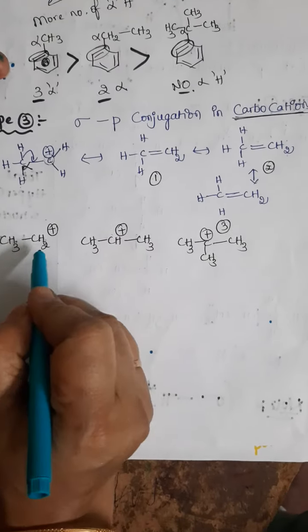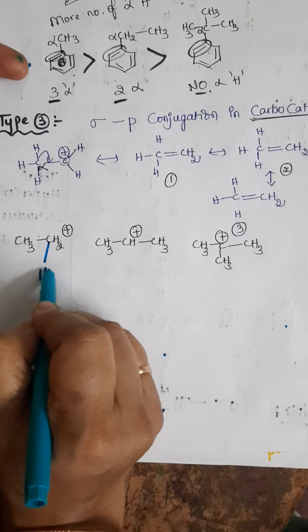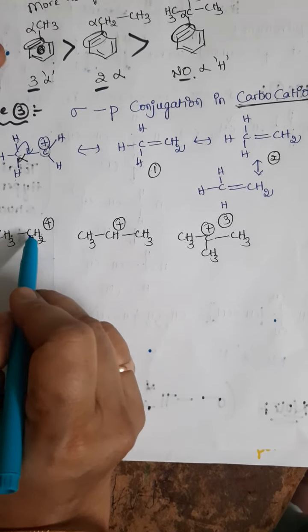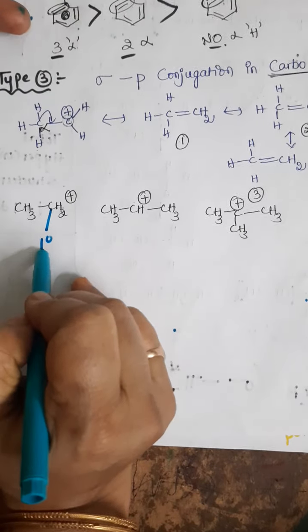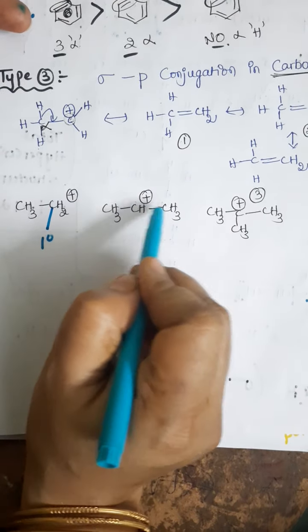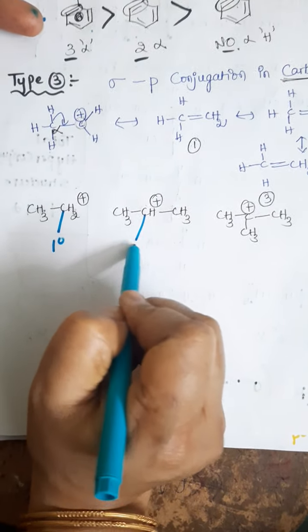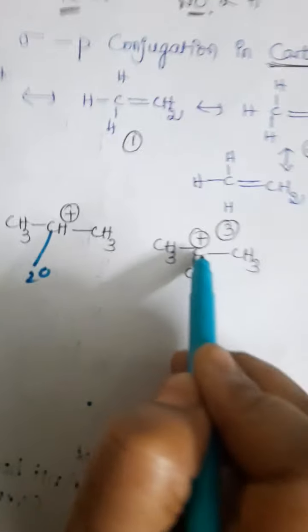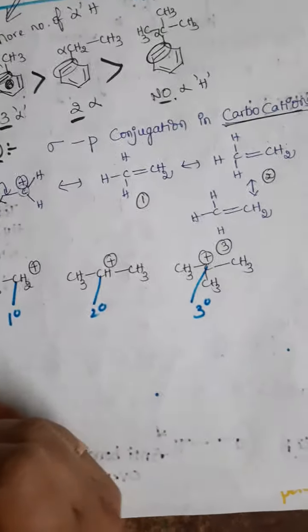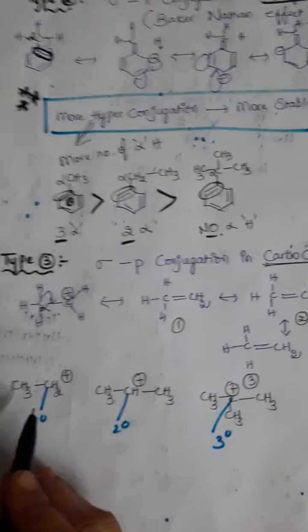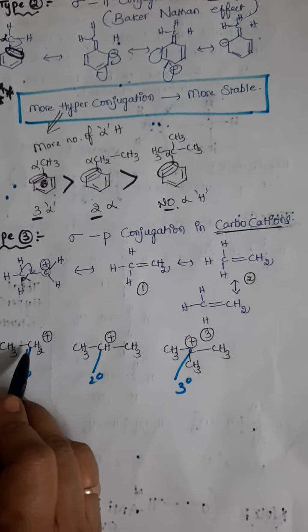See, students, here this is the primary carbocation. Primary in the sense that the positively charged carbon is attached to one more carbon. If it is attached to two more carbons, it is secondary. Carbon attached to three more carbons is called a tertiary carbon. Among all of these, this is the primary carbon.